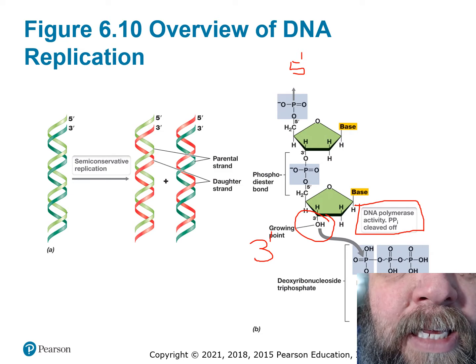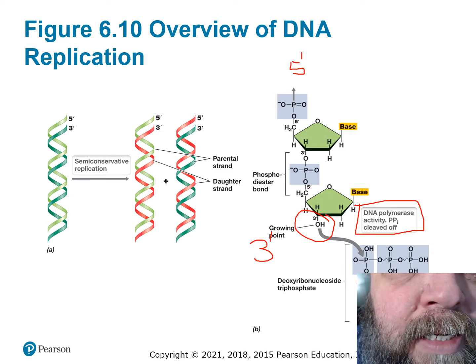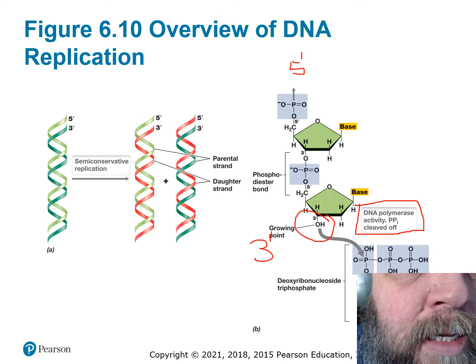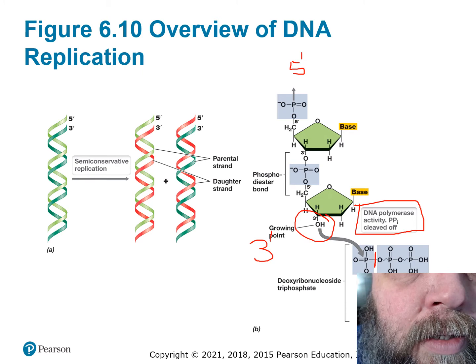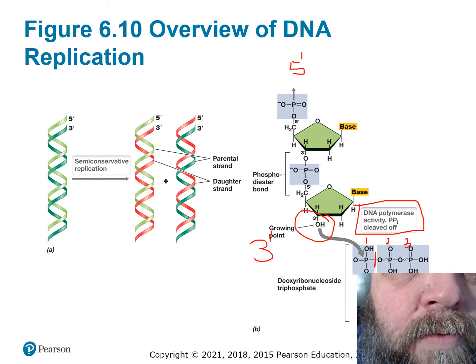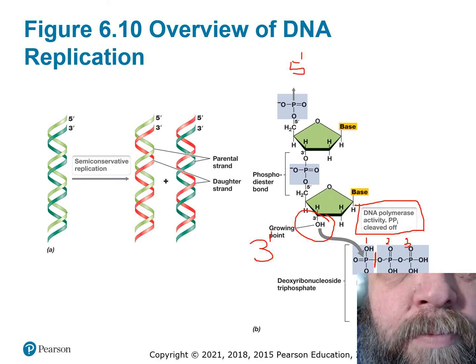It adds in the incoming nucleotide by cutting right here, because right here is the 1, the 2, the 3 of the triphosphate. If you take biochemistry, you'll see this is called the alpha, the beta, the gamma.